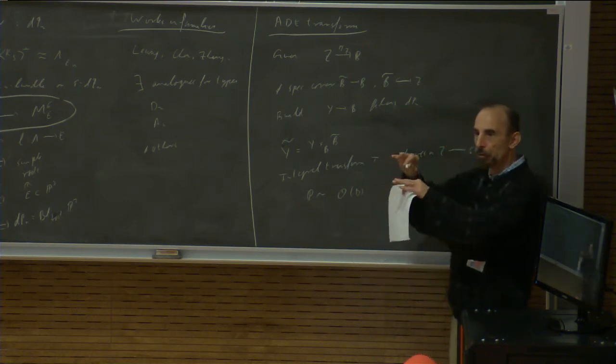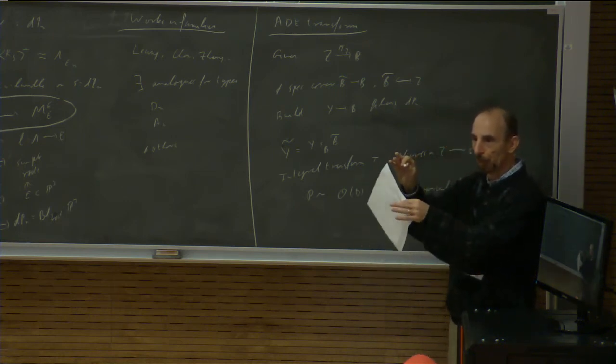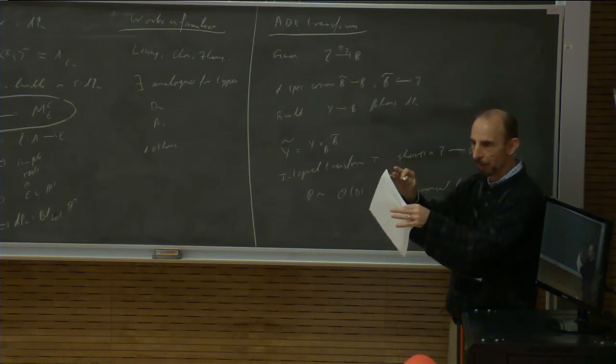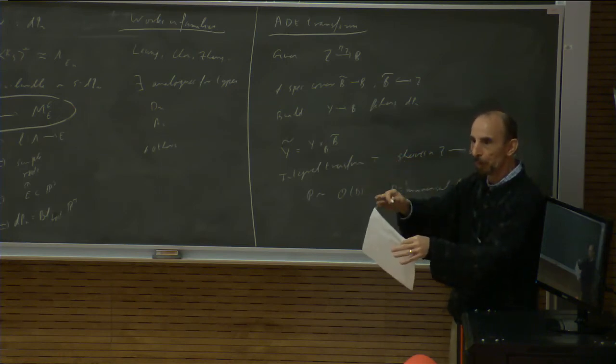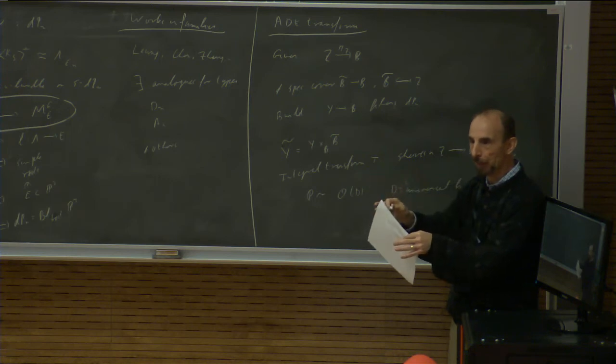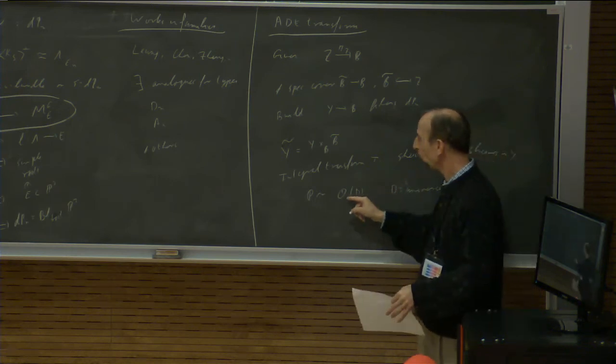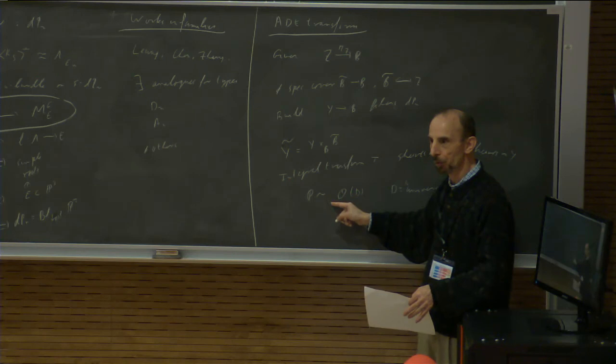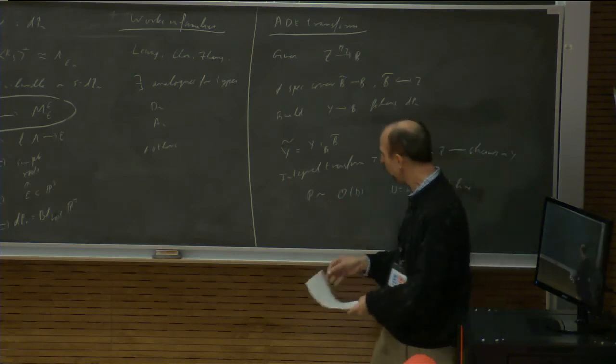So inside each del Pezzo, there's a finite number of lines. You do this over the base, you get a divisor in the base. So very roughly, you take O of that divisor as the basis for your Poincaré bundle. It's actually much more complicated than that.